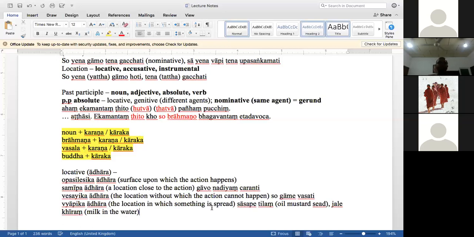These are the four explanations the grammarians give about the Adhara, the location of an action.